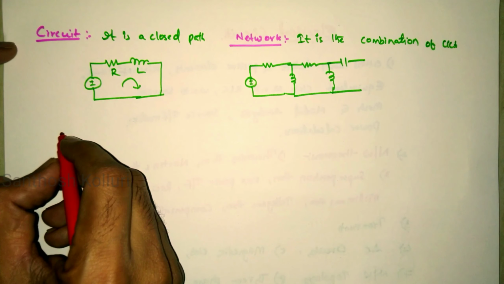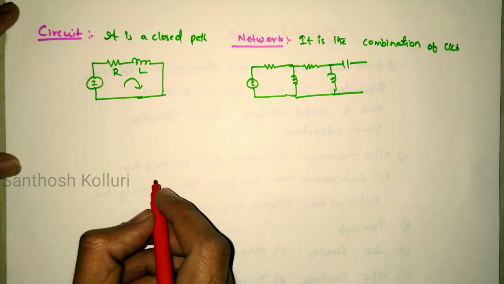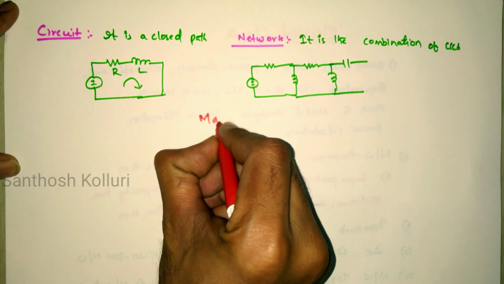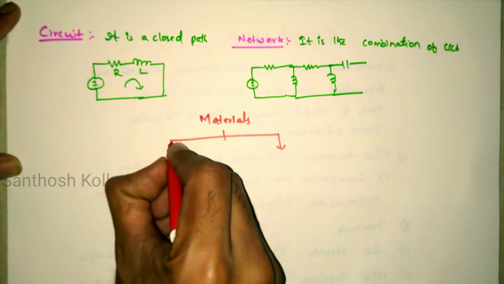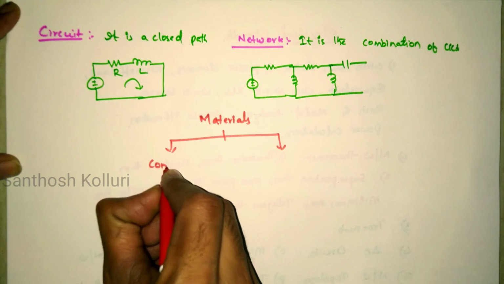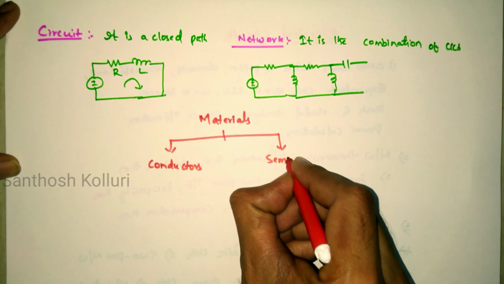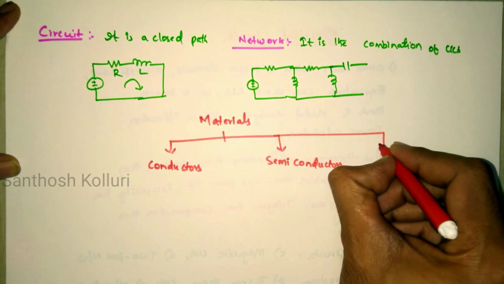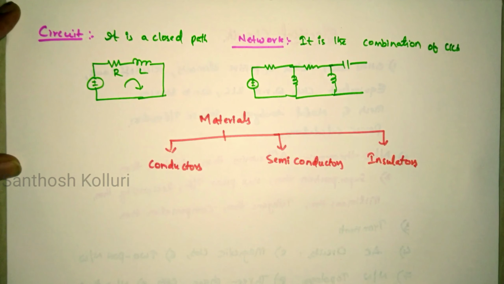Based on the number of free electrons available in the atoms, materials are classified into three types: conductors, semiconductors, and insulators.